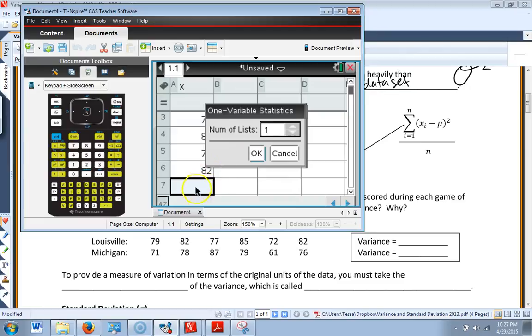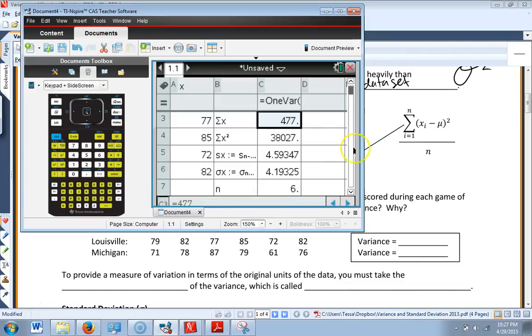I only want one list, and note, you see my box, it's right there in the column that I want to find the statistics of. I push OK, and there's my statistics. To find the variance, I'm going to look for that SSX, 105.5.